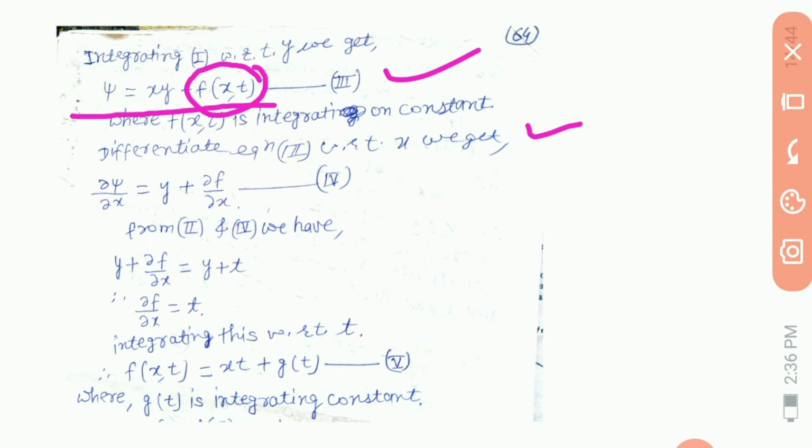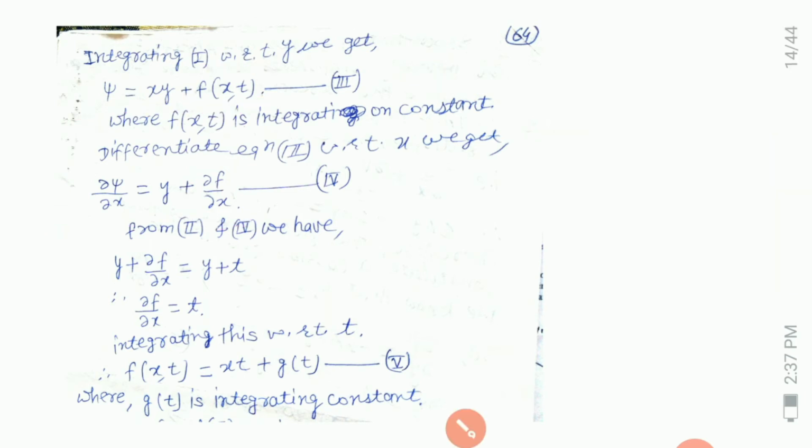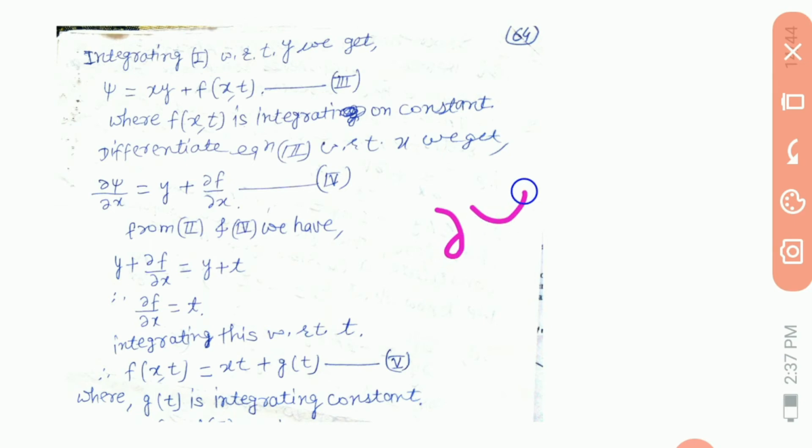What do we get? We get dou psi by dou x equals y plus dou f by dou x. And from second and 4, what do we get? What is second? Second is dou psi by dou x is equal to y plus t.